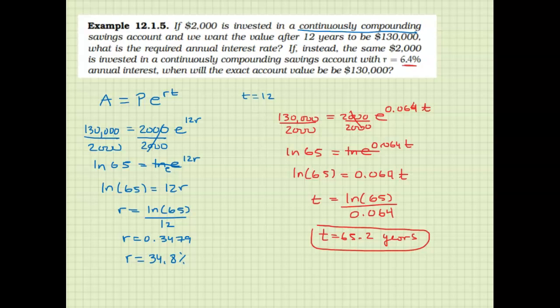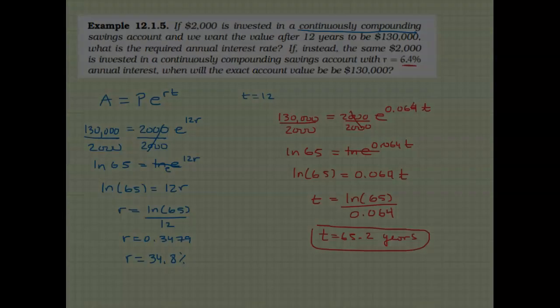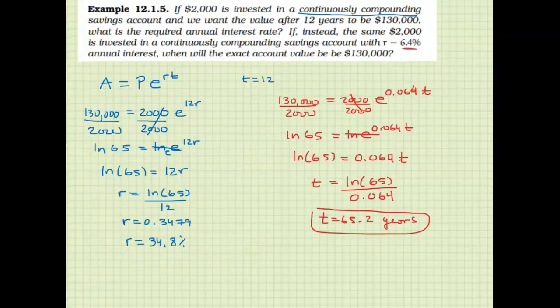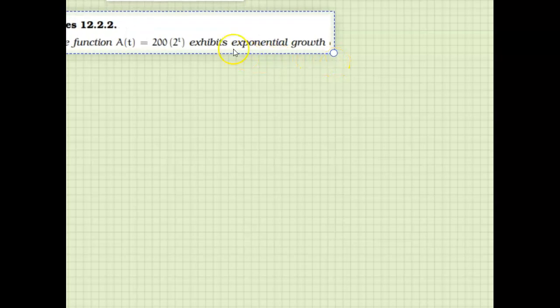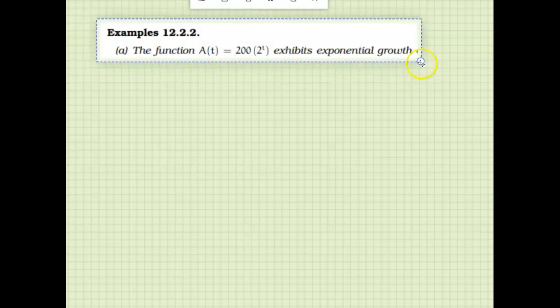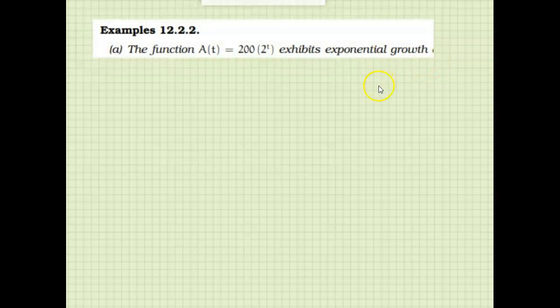Alright, let's look at another example. Alright, so in this example, we're gonna look at changing the base.